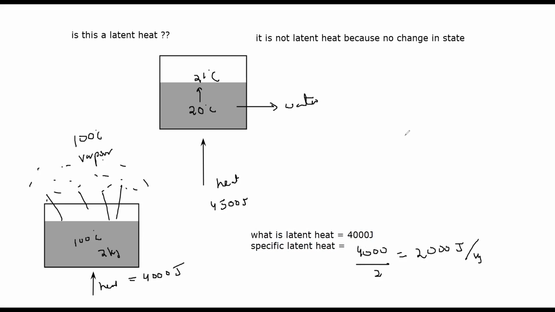So you need 2,000 joules for each kilogram so that you can change the state. So latent heat is energy needed to change the state of the whole object, but specific latent heat is energy required to change the state of 1 kilogram of material without change in temperature. Is it clear?